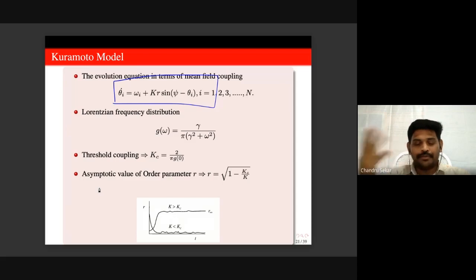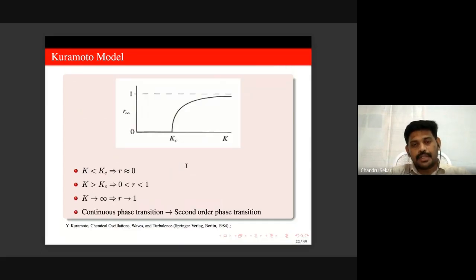If K tends to infinity, then R goes to 1 and so on. So this figure shows the behavior of R as a function of the coupling constant.